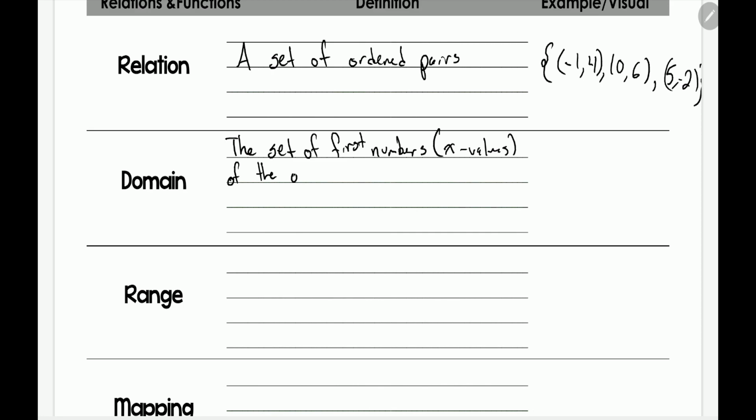So if we take the relation that I used above, the domain, so D, would be equal to negative 1, comma, 0, comma, 5. So I'm taking the x values of each of the ordered pairs.